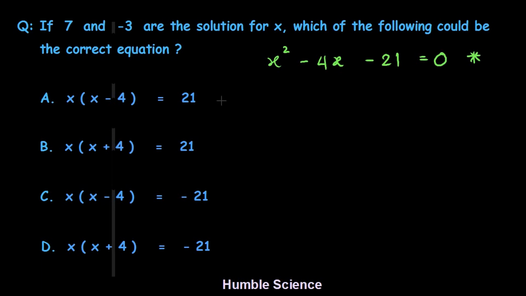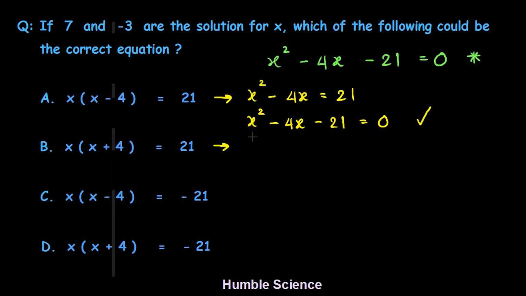Let's start with the first one. The first one gives us x squared minus 4x equal to 21. That means x squared minus 4x minus 21 equal to 0. That looks correct. So let's try the next one.